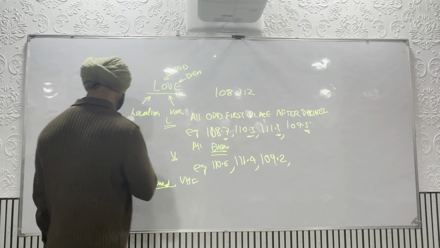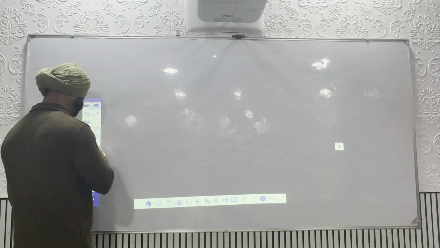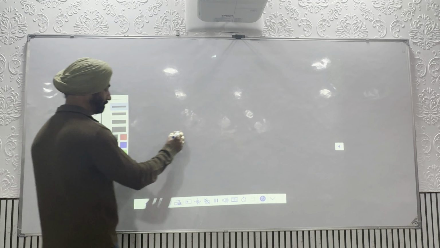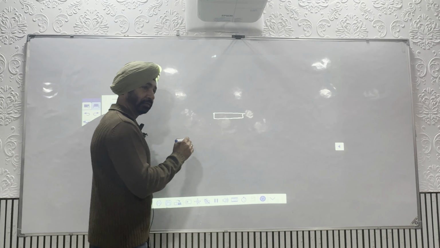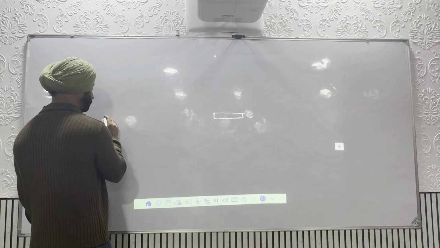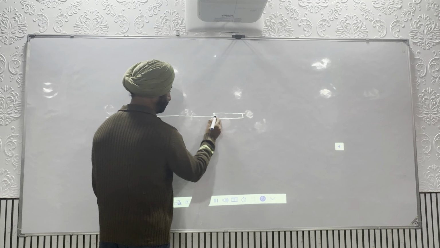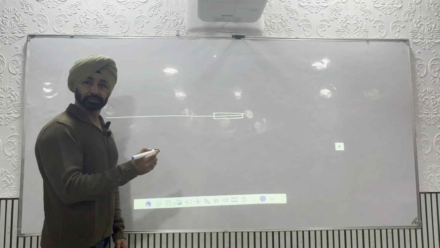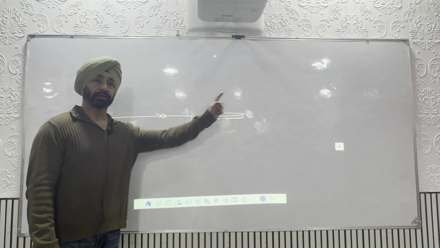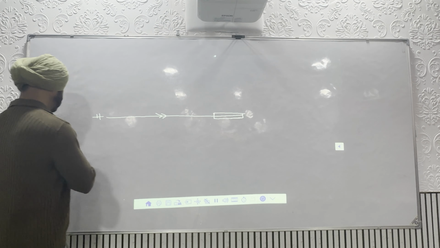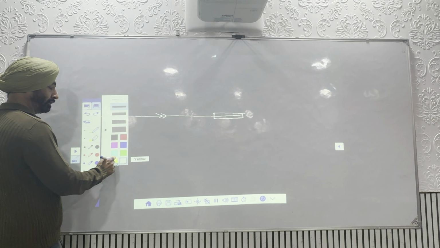So the localizer antenna is, this is the runway and this is your landing direction. So let's say if this is your touchdown end, on the other side you have the localizer antenna.